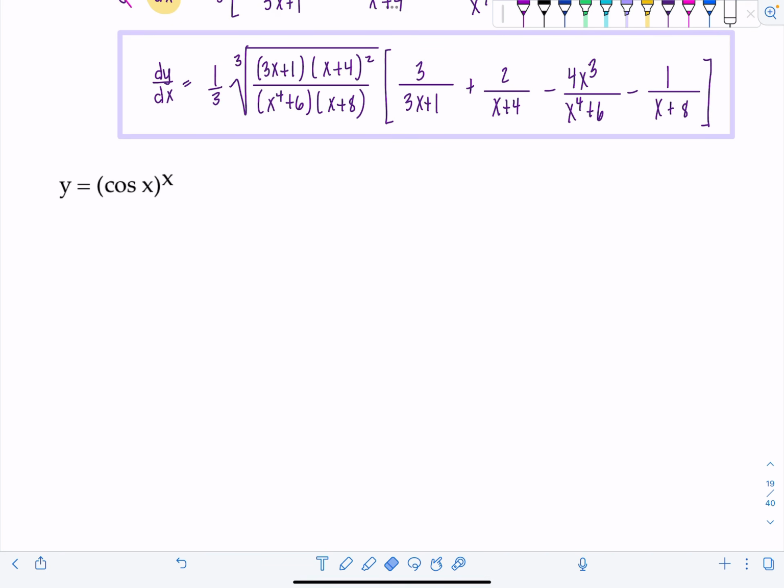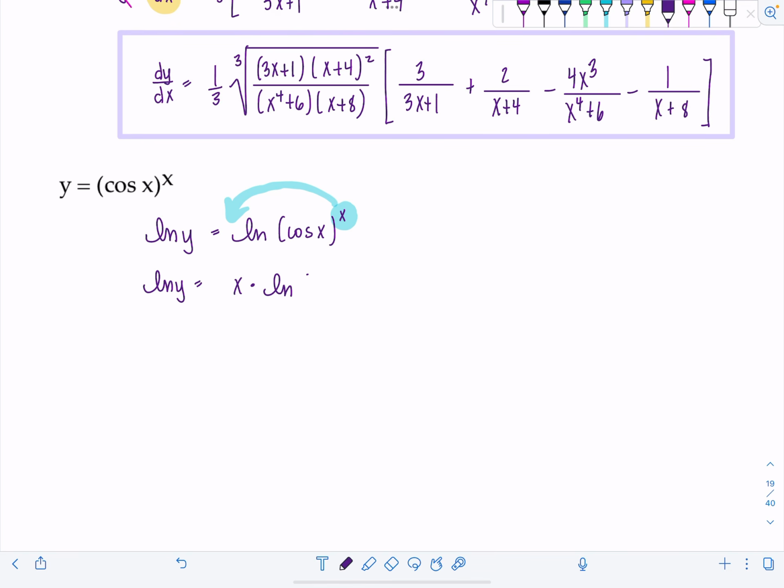So you have to take the natural log of both sides. And we do this so that, again, we can move that x to the front and multiply it by ln of cosine x. So we have ln of y equals x times ln of cosine x. Okay, now you should be able to take the derivative, no problem.